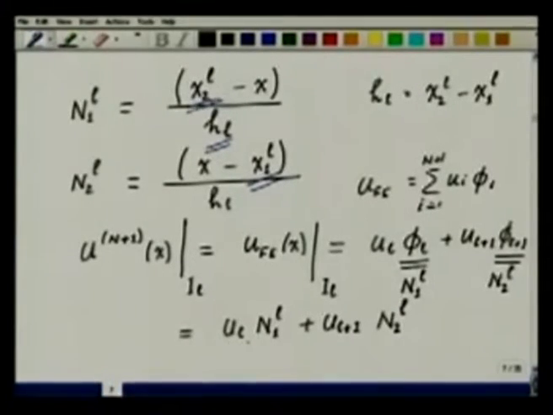Now, these UL and UL plus 1 are global quantities because they were defined with respect to this series. So now we will give them a local name, that is an element-wise name.